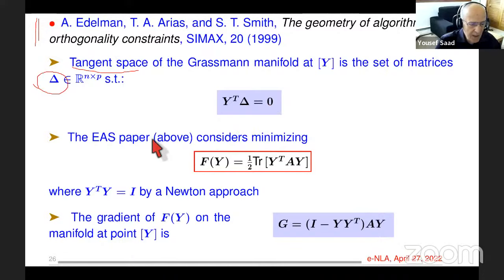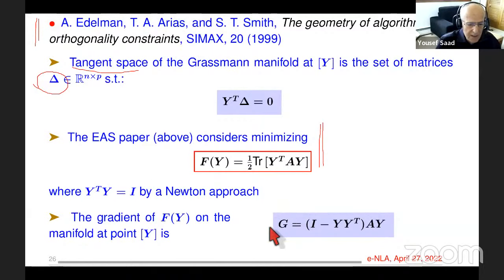And this paper, as one of the applications, looked at the eigenvalue problem that you get from minimizing or maximizing this trace over Y, which is orthogonal, okay? So you do this by a Newton type approach, but now using a Grassmannian perspective.